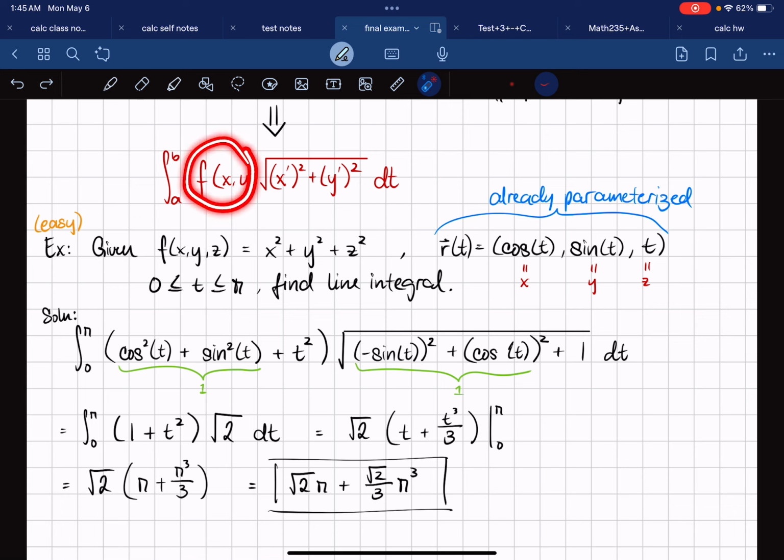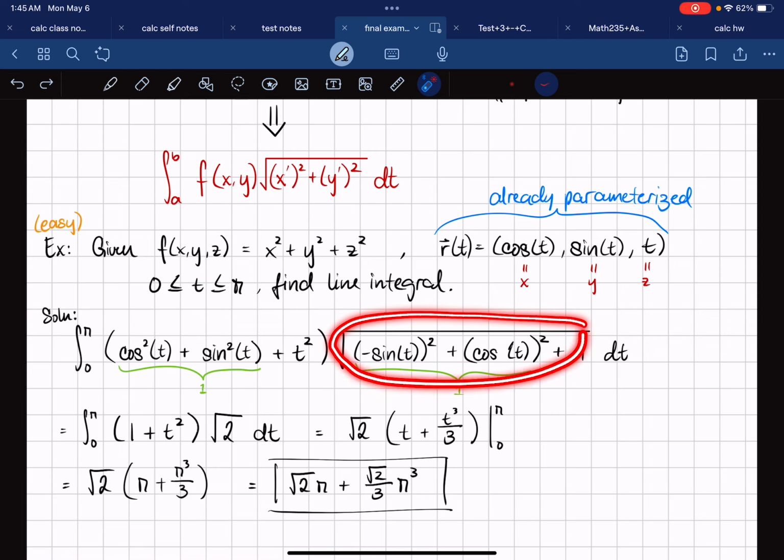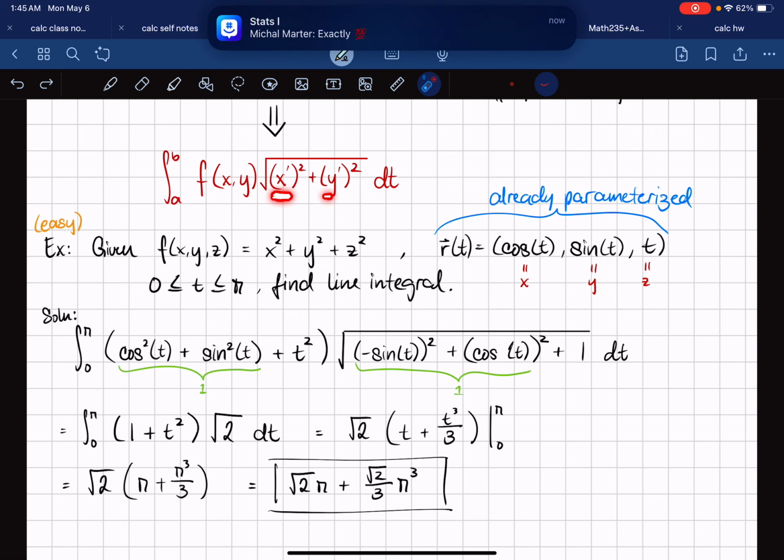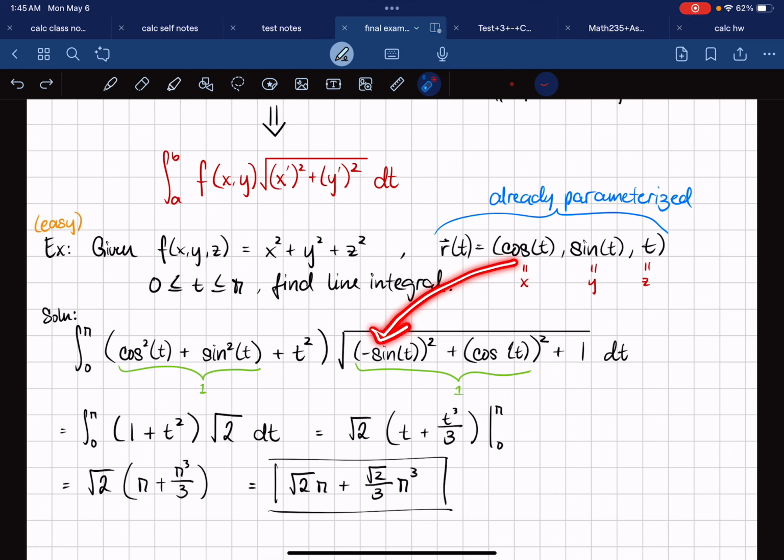Now we work on the second portion with the square root, okay? This portion right here. And mind that this is the derivatives of x and y. So we take the derivative of this. So that's negative sine. Okay, and this is cosine. And this is just 1. All right, and then we square, dt.